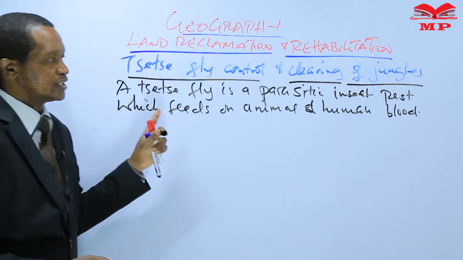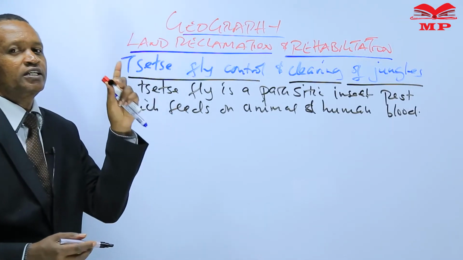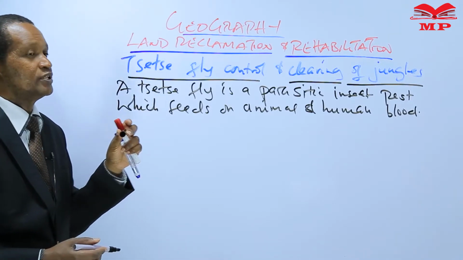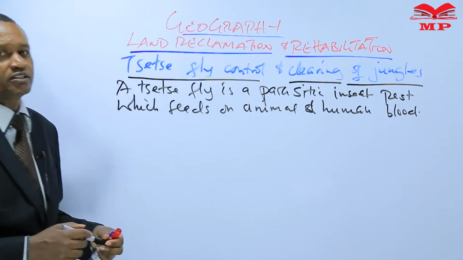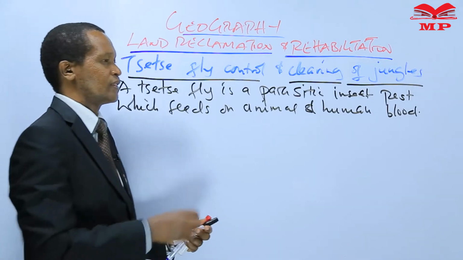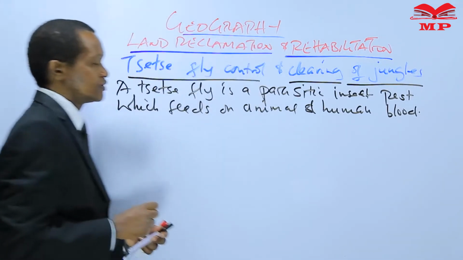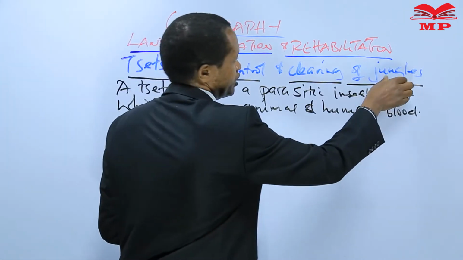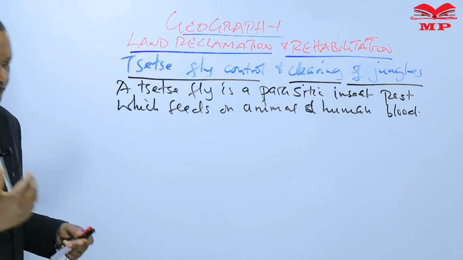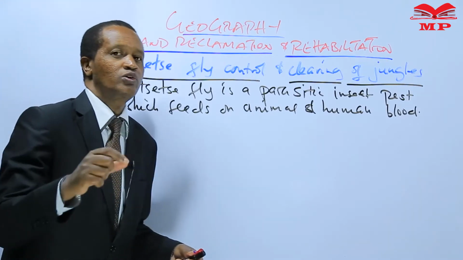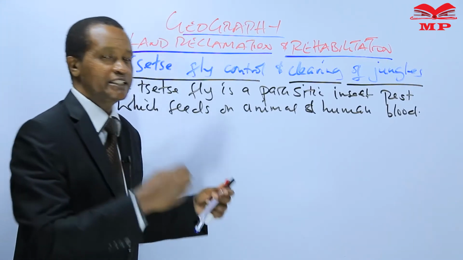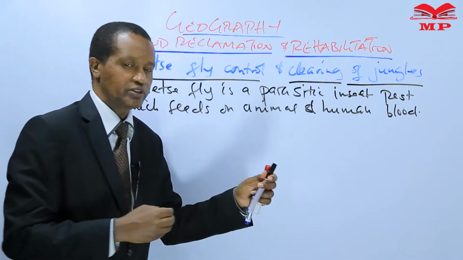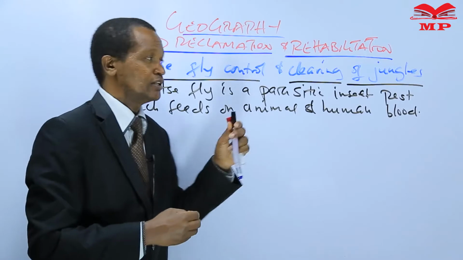This insect, learners, thrives in damp areas which experience very high temperatures. Which experience what? High temperatures. And jungles, learner, a jungle is an area of land that is overgrown with dense vegetation and animals, sometimes very dangerous animals.